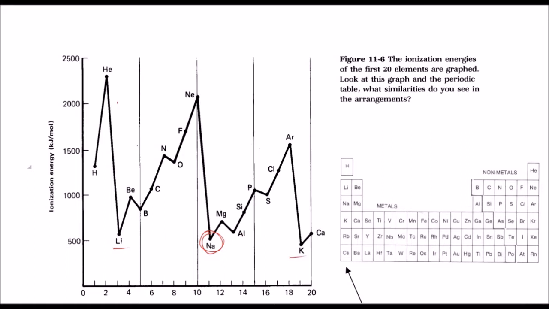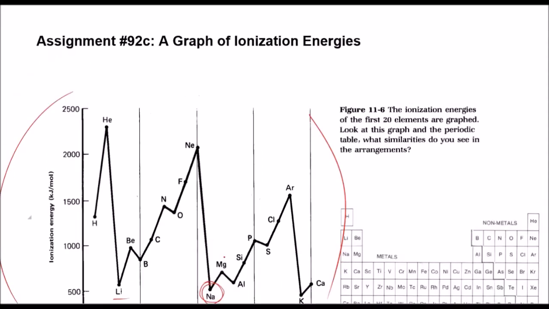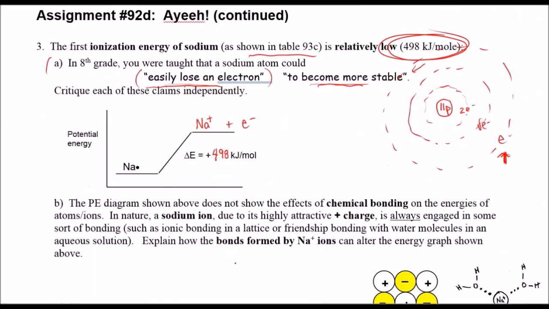So, of all these elements, sodium has the least strong hold on its electrons. Therefore, it can easily lose an electron. Okay, so of all the elements, yes, sodium atom is one of the easiest to lose an electron.